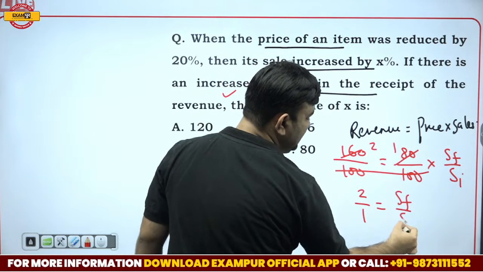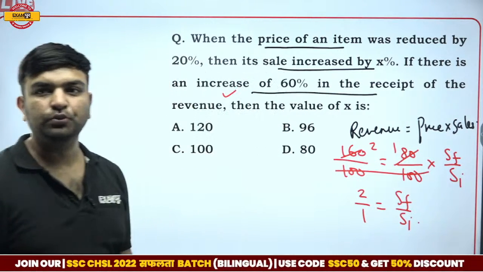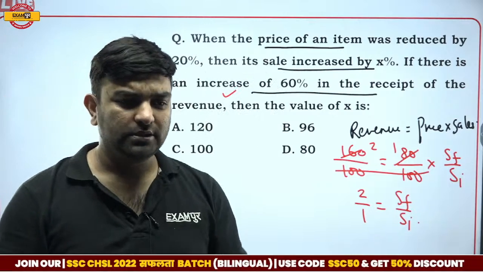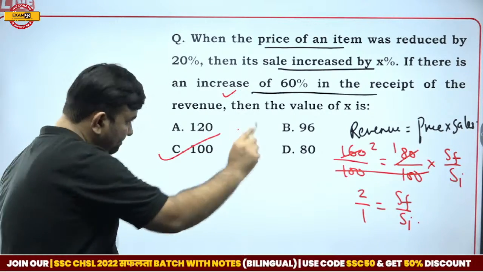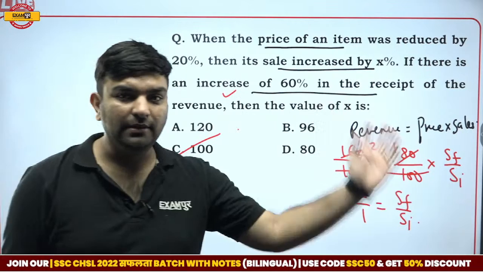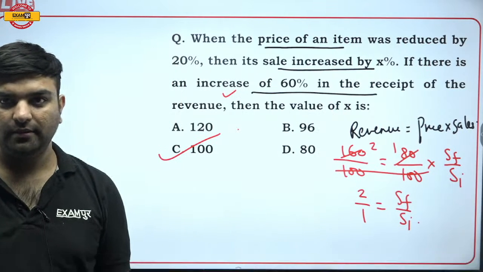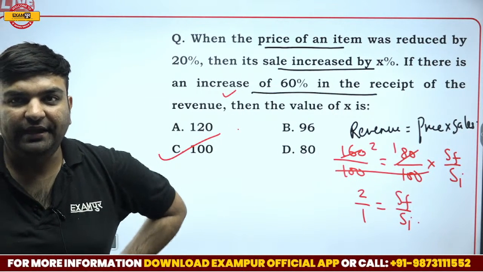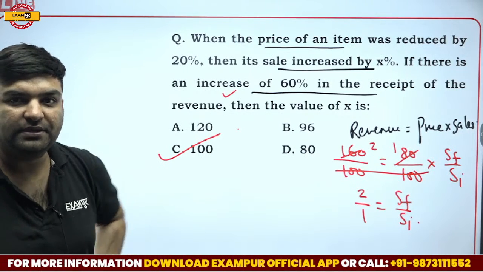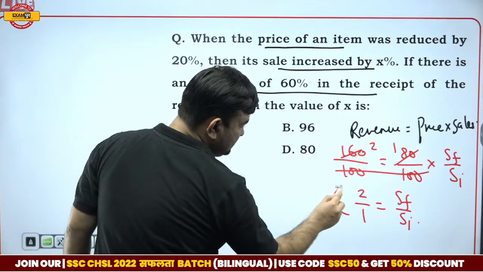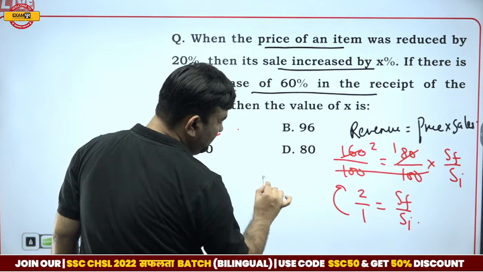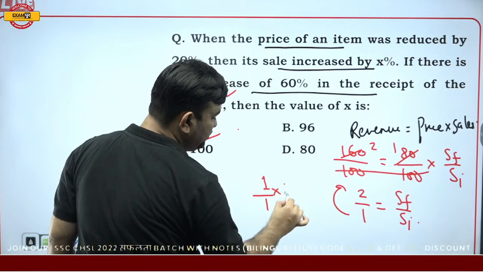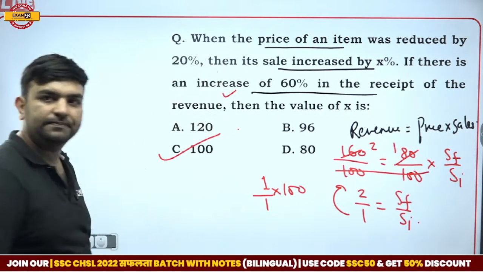Sales final upon sales initial is in the ratio 2 to 1. Sales is getting double, so 100% increment. Or you can say sales is increasing by 1 over the initial value of 1 into 100, 100% increment.